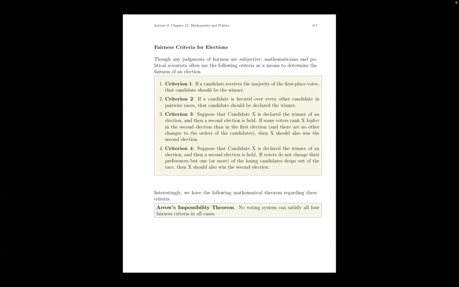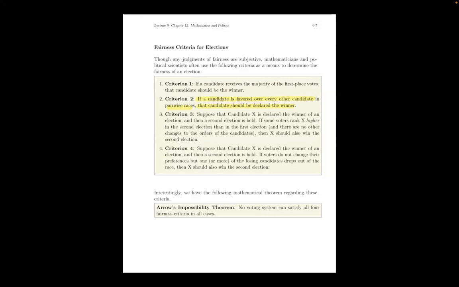So criterion 2: if a candidate is favored over every other candidate in pairwise races, that candidate should be declared the winner. Of course, the pairwise comparison method satisfies that, right? We use that as one of the methods to determine the election on the ranked ballots, and that method would obviously satisfy this fairness criterion.